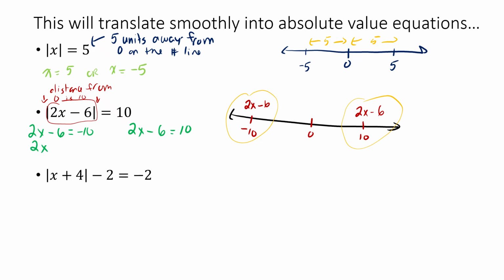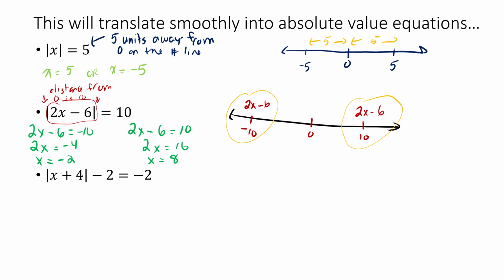Then we would add 6 to both sides and divide both sides by 2, and we get x could be -2 or x could be equal to 8, and both of those would give us an absolute value of 10. And you can actually see how the distance from 0 plays itself out when you sketch it on the number line.